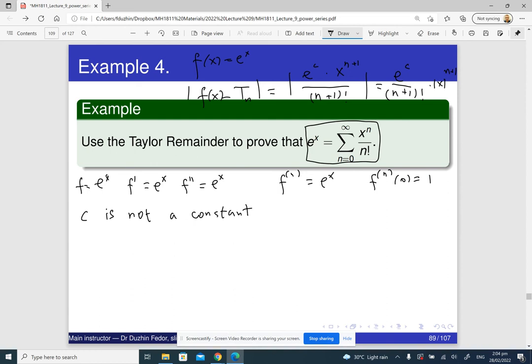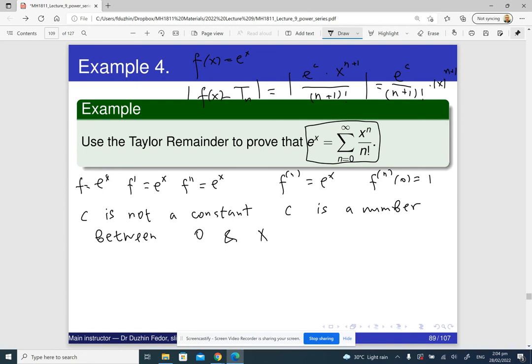C in fact depends on x. So c is a number between 0 and x. If x is negative, then c is a negative number. If x is positive, then it's a positive number, but in any case, c is between 0 and x.